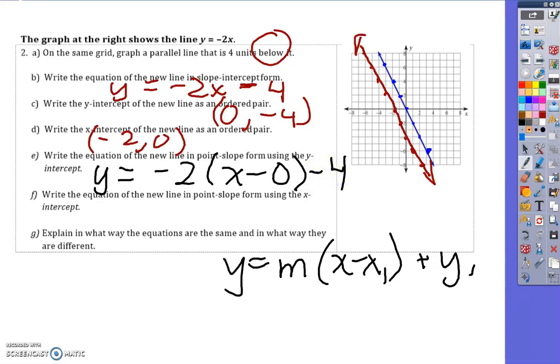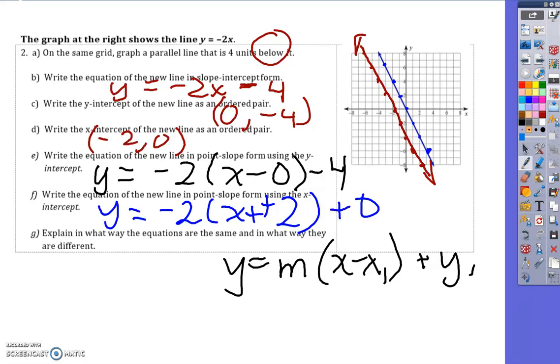And then we're going to use it in point slope form using the x-intercept. We get y equals negative 2 parentheses x plus 2, because minus, let me do that a little slower, minus a negative becomes a plus. My plus 0 out here.